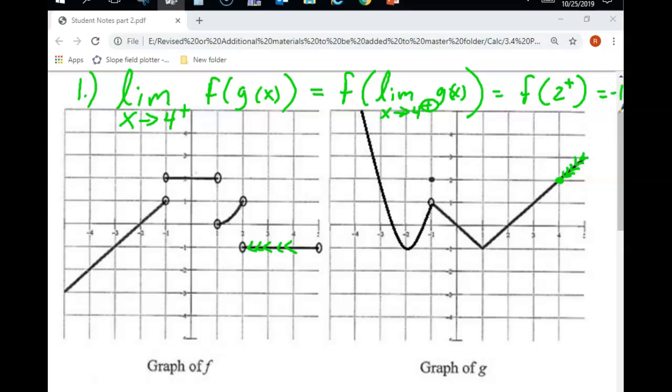But what I want you guys to understand is this means, for this function, I'm approaching y equals 2 from above. Would it be only with the slope, like the line of the slope is positive?